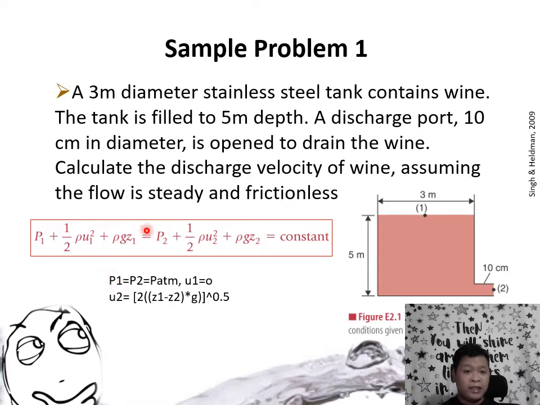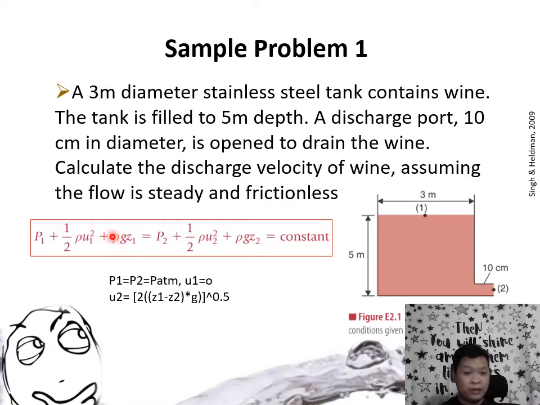The potential energy terms, so may height ka naman, ang height dito sa baba ay essentially 0. Okay, kasi nasa bottom siya. And ang height mo dito sa taas is 5 meters.